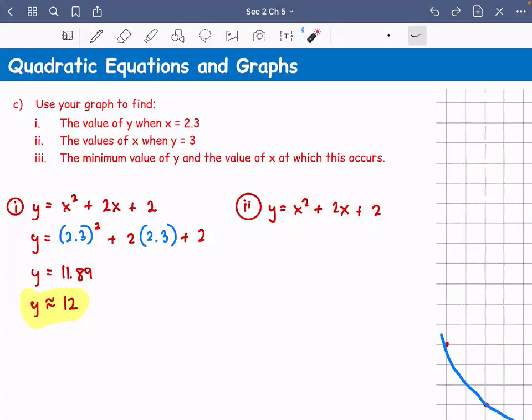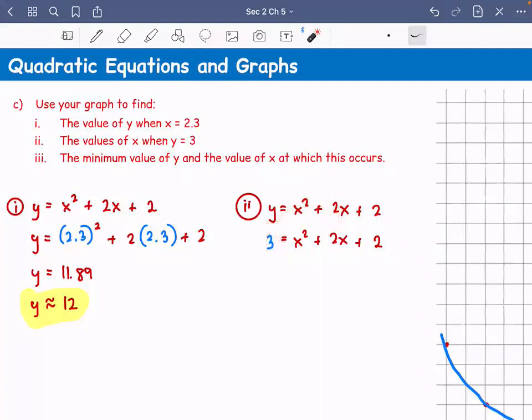So y becomes 3, right? Now this one, we need to do some factorization. So x squared plus 2x plus 2. Now, our quadratic equation cannot be equal to 3. So what should we do with 3? We move it to the right side.